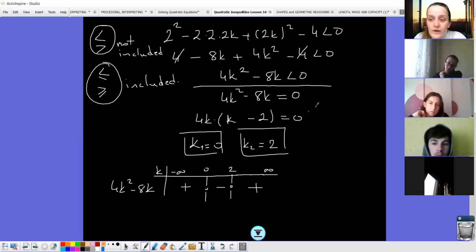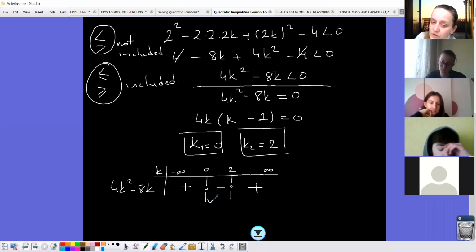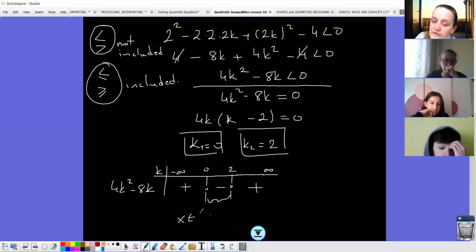Minus. Why? Because we solved the part inside, and it's less than 0. We need to take the negative ones. So k is an element of the interval from 0 to 2, and 0 and 2 are not included.